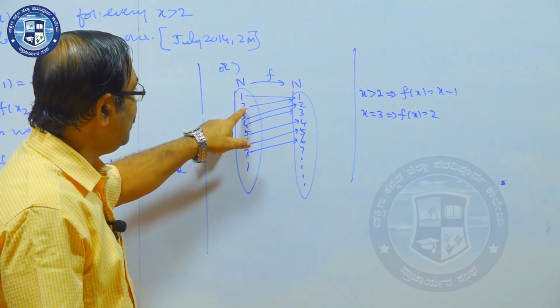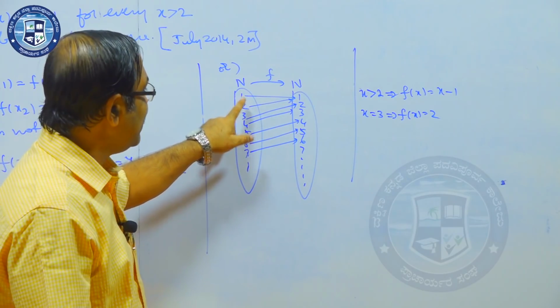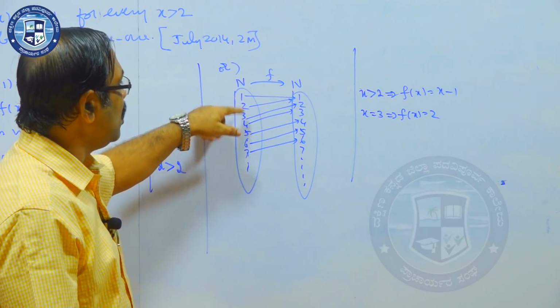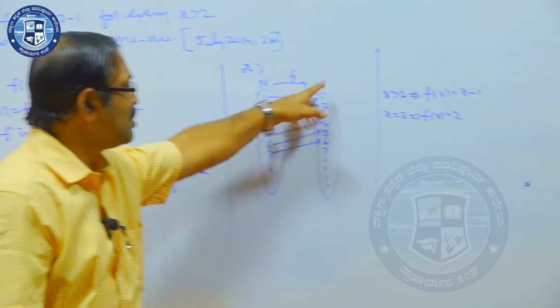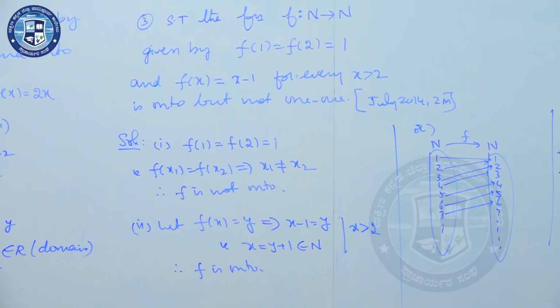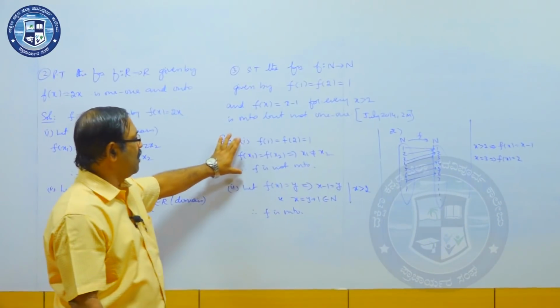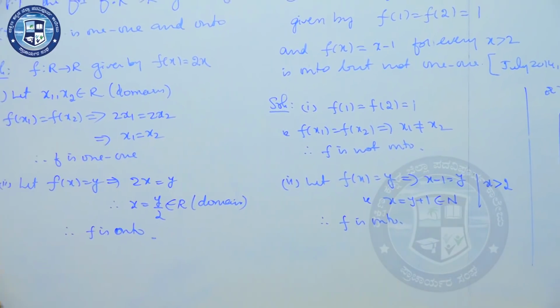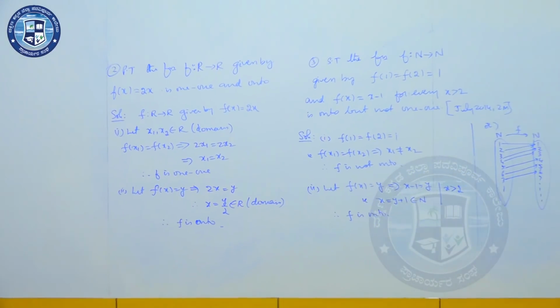So, f of 1 equal to f of 2, their images are same, but that implies x1 is not equal to x2. Therefore, this is not 1 to 1, but this is onto. So, generally in the exam, 1 mark for verifying 1 to 1, 1 mark for verifying onto. Hope you got the idea.